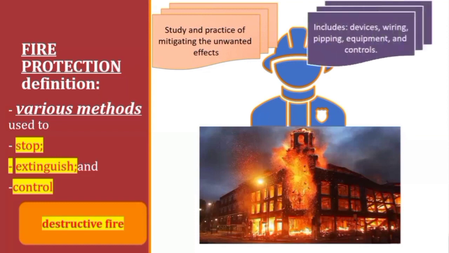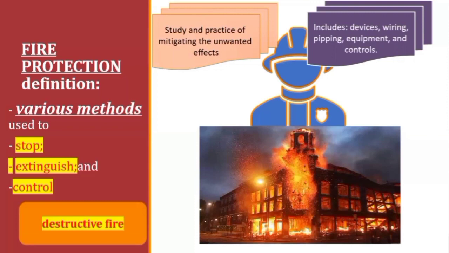So fire protection includes devices, wiring, piping, equipment, and controls. We need to ensure that these are controlled so that they will not help to propagate or spread the fire.